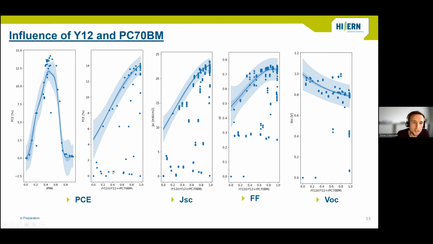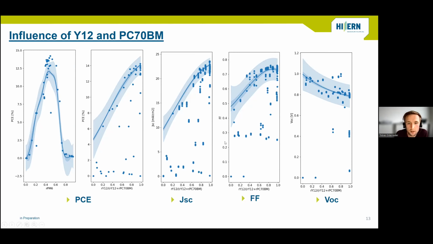And then we can see here the Y12 over the acceptor. Here for 1, we only have Y12 as acceptor, and for 0, we only have PCBM as acceptor. And we can see that if we decrease the Y12 share, we get better performing cells.